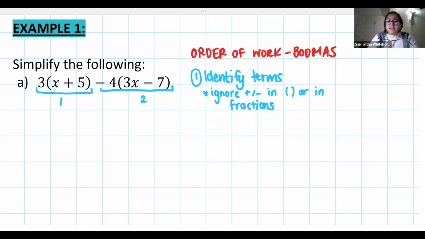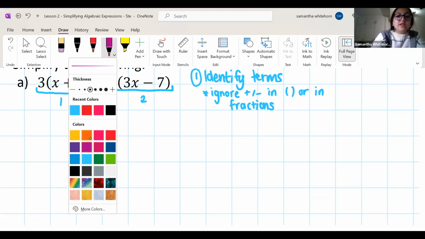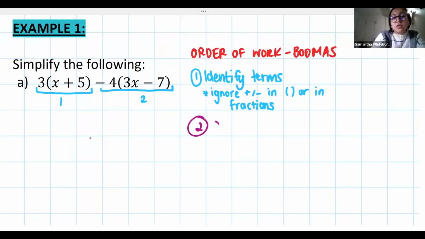So once we have identified our terms, we can now move on to our second step. Our second step is going to involve looking at these terms and figuring out how we simplify them. So step number 2 is simplify each term individually. This is going to take into account our order of work.